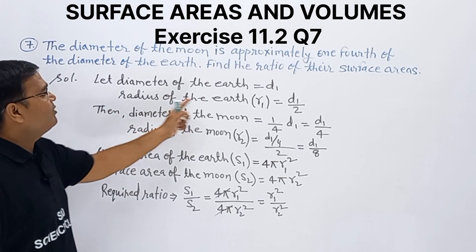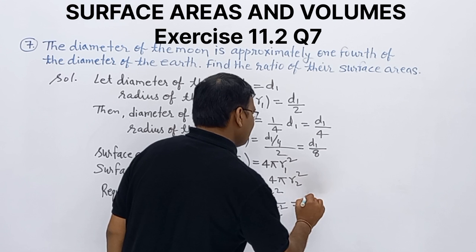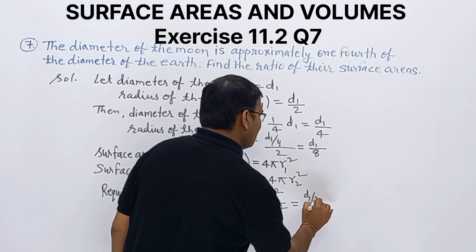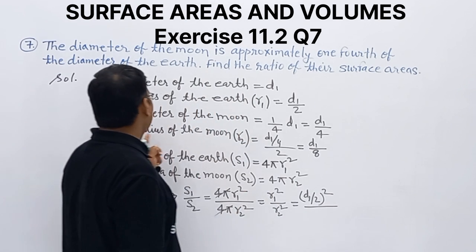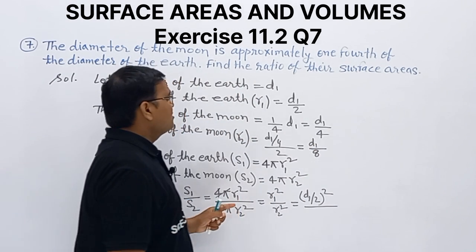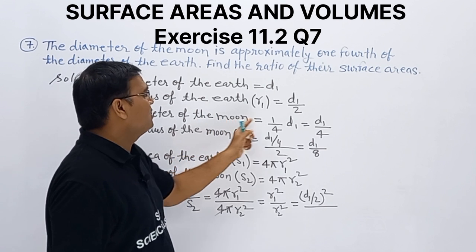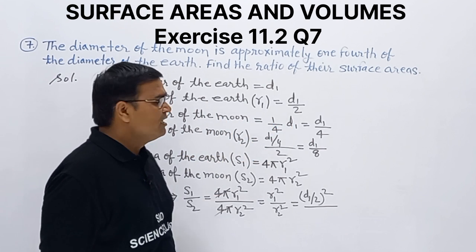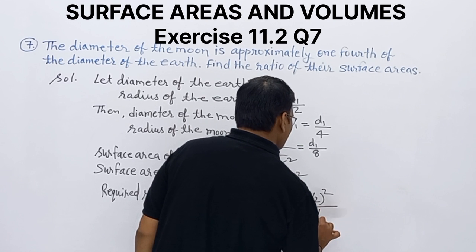R1 is the radius of the earth, which is d1 by 2, and r2 is the radius of the moon, which is half of the diameter of the moon, and the diameter of the moon is 1/4 of the diameter of the earth. So this is d1 by 8. Clear?